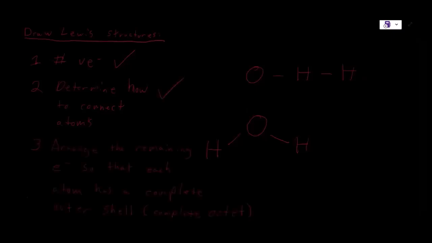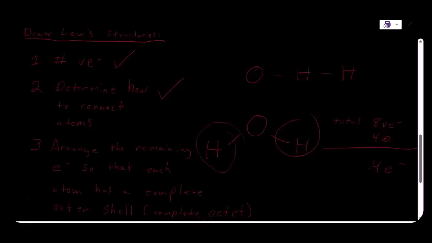The last step would be to arrange the remaining electrons so that each atom has a complete outer shell, or a complete octet. We had a total of 8 valence electrons, and when we connected the hydrogens to the oxygen, we used a single bond, so we had 2 single bonds, and that would use up 4 electrons, so that would leave us with 4 electrons. We know that hydrogen has a filled outer shell with a single bond, so both of the hydrogens have a filled outer shell.